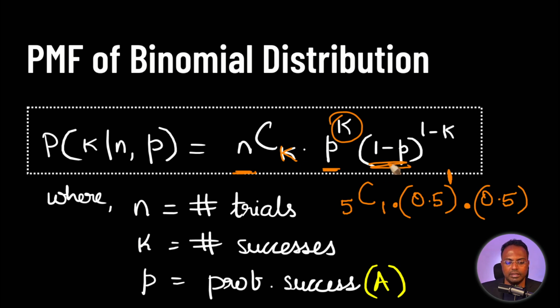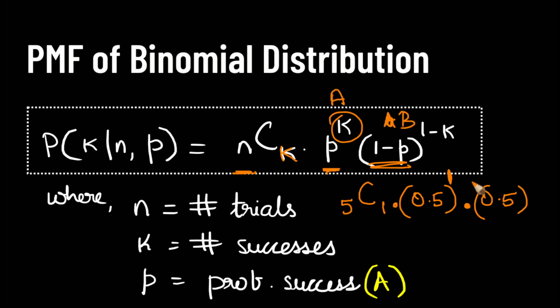This is failure, people buying B, and the left-hand side is people buying A. So 0.5 power 1 and 0.5 power 4. This turns out to be 5 multiplied by 0.5 to the power 5. Okay, so this is the answer.